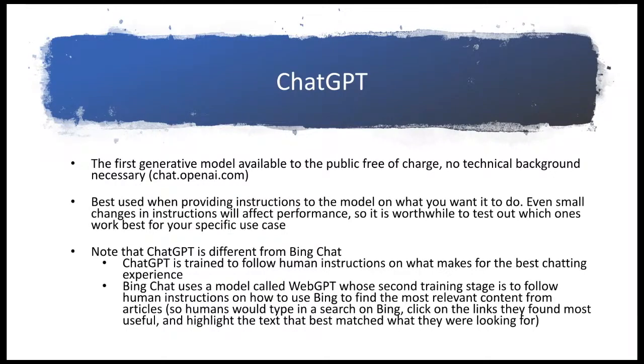So they had a bunch of people go on Bing, type in a few queries, click on a bunch of links, much like you would use a search engine, and then highlight in each of those links the content they found most relevant to answering the search query. So the whole idea behind Bing Chat is effectively trying to automate web search. It tries to go through the links and web pages for you so that you can ultimately get the information that's most relevant to you.